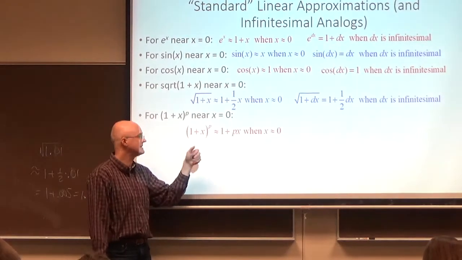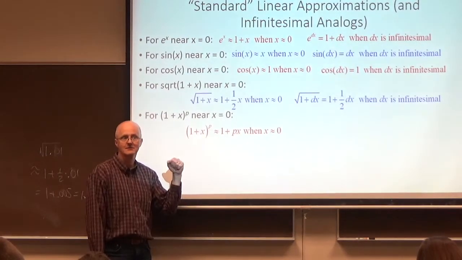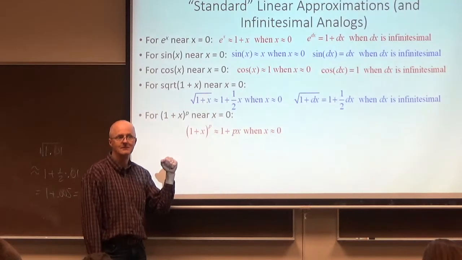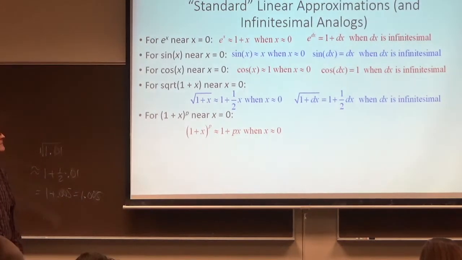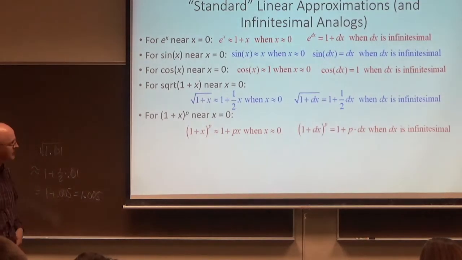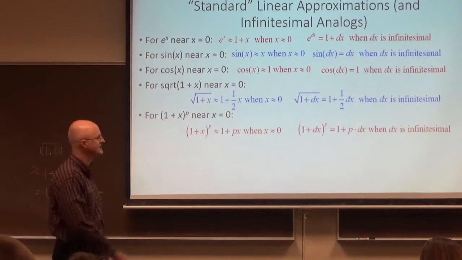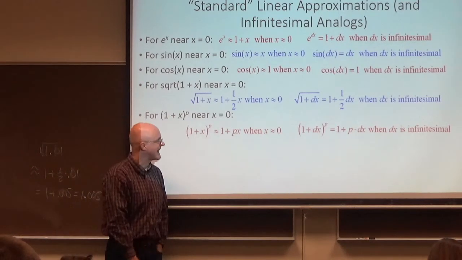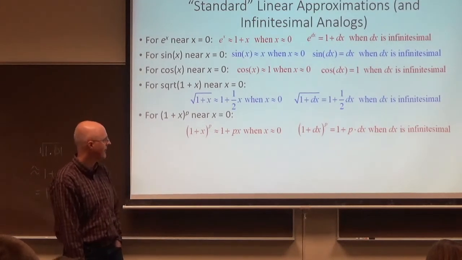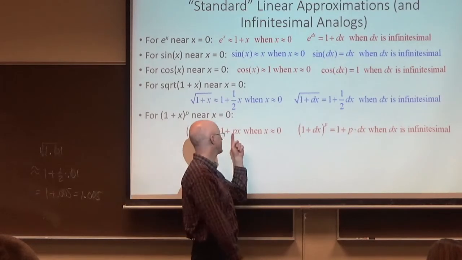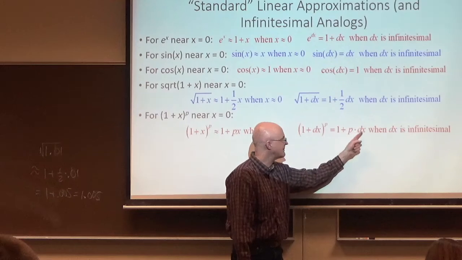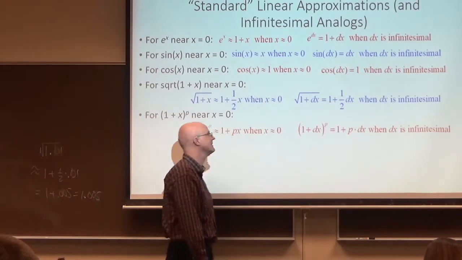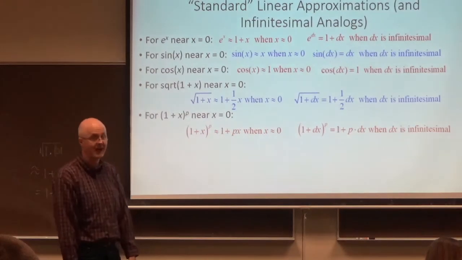But this works when p is 3/2 as well, for example. Or 7, or whatever, any positive number. In terms of infinitesimals, just change the approximately to an exact equal. And emphasizing p times x here without a dot, that's understood to be p times x. I'm really trying to emphasize this p times dx there by putting a dot in. You should be okay with it if I did not put a dot in.